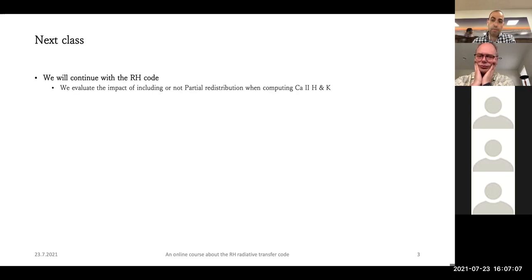We will see the differences, and we will learn one way of visualizing those differences that you can use later for a different transition of interest, where you are not sure if that transition is sensitive to PRD or not. You can do the test that I will show you next week and have an idea of the impact of PRD on the transition. It will be next Friday.